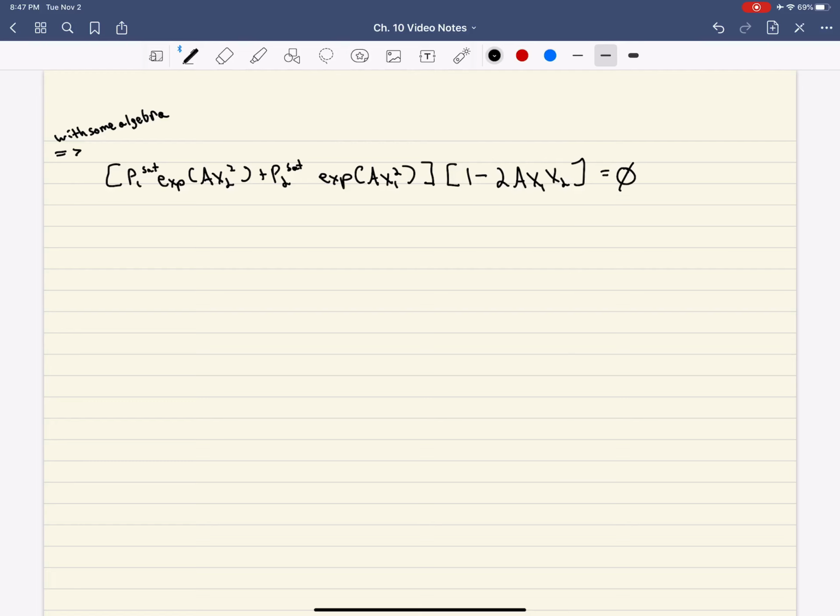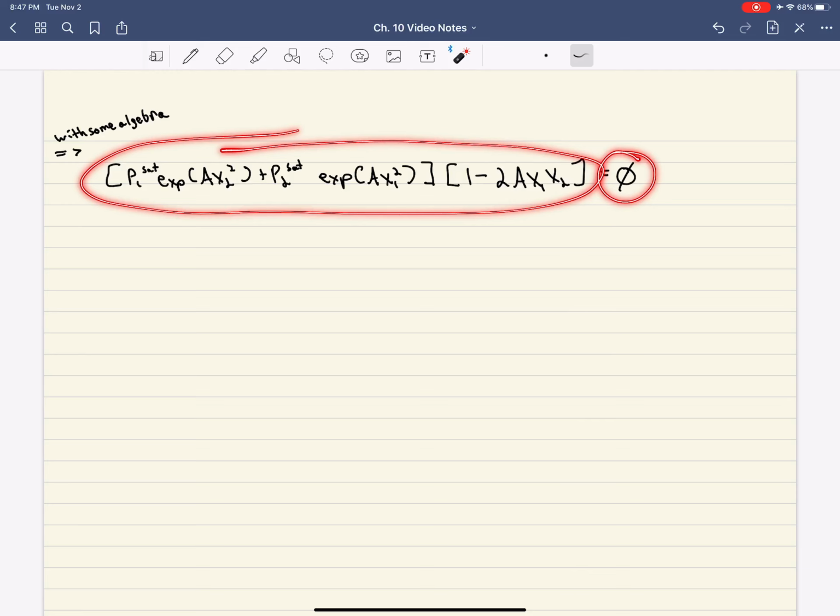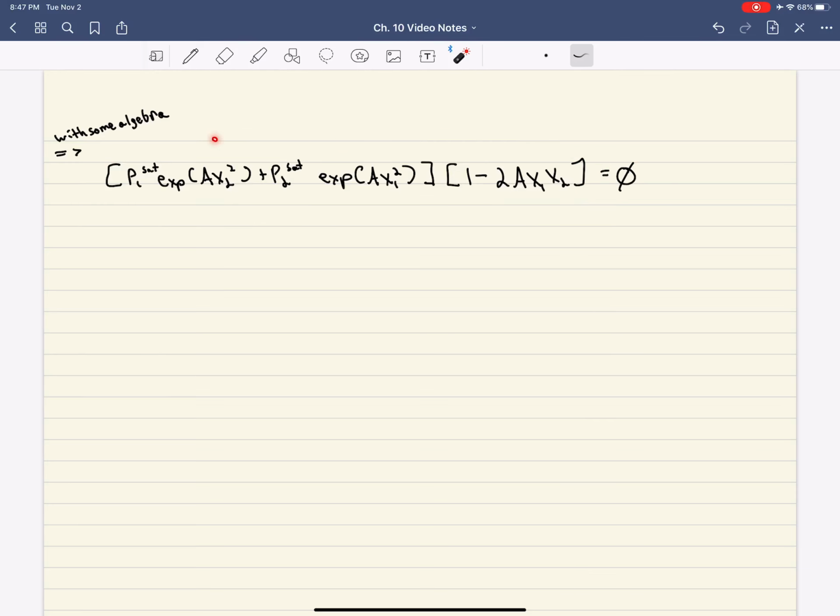Okay. All right, and so now we have the equation in this form. And so essentially what this is saying is that in order for this to always be true, both the stuff inside this bracket and the stuff inside this bracket need to be equal to 0.